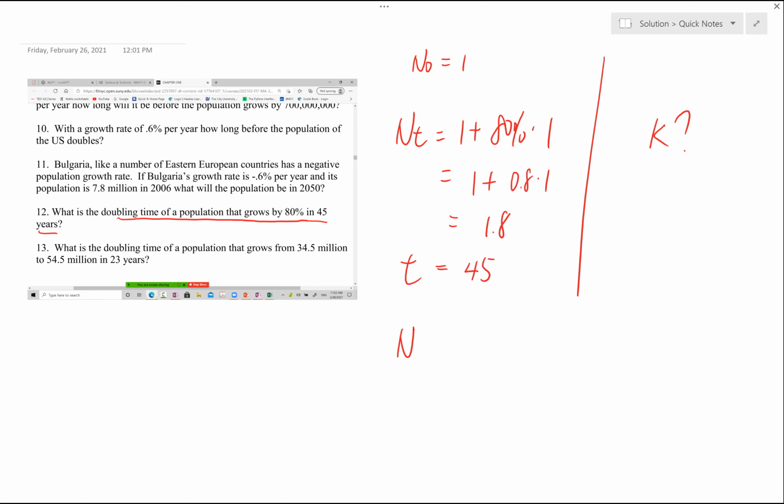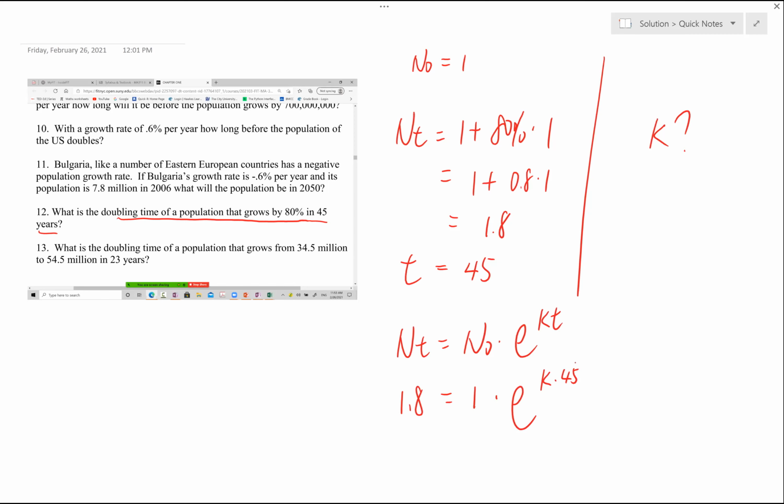So nt equals n0 times e to the kt. We still stay with the same formula. nt is 1.8 units, n0 is 1 unit, times e to the k times t, which is 45, so k times 45.